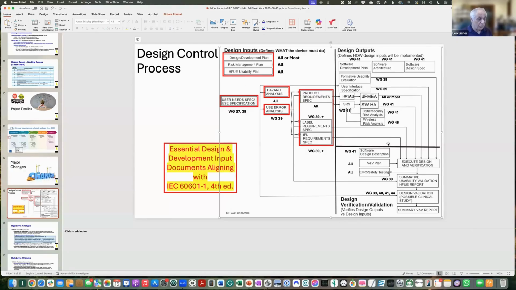I'm not going to go through the whole diagram, but software is across here. Your SRS, software requirement specs, software hardware analysis, cybersecurity risk analysis, that's all working group 41, which is PEMS and software-based type items. The name for it is really long. And it's also going to go into your V&V, obviously, too.